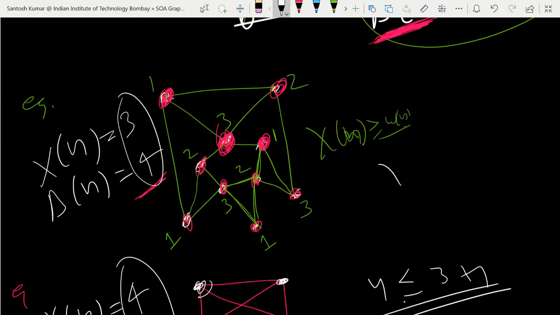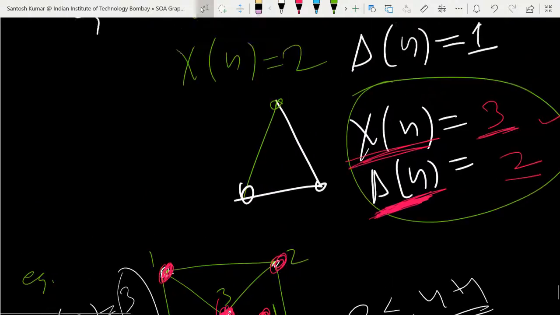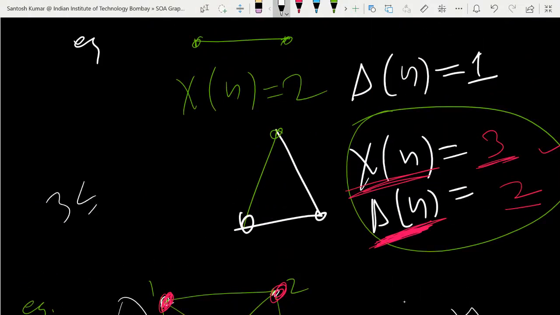Here, 3 is less than or equal to 4 plus 1. Here again chromatic number is less than or equal to this. So this will always hold.